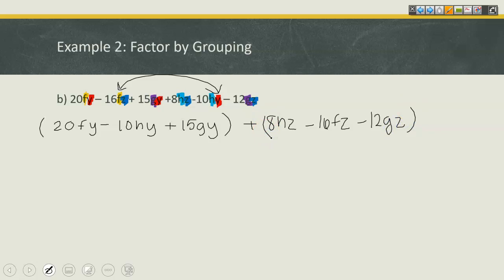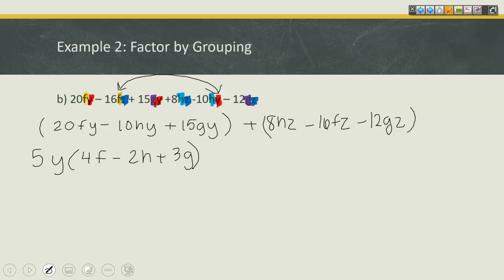So again, that way I have a GCF of y and a GCF of z as well as their numbers. So 20, 10, and 15 all divided by 5, leaving 4f minus 2h plus 3g. And then here I have a positive 4f. So I know that I need this to also be a positive f.